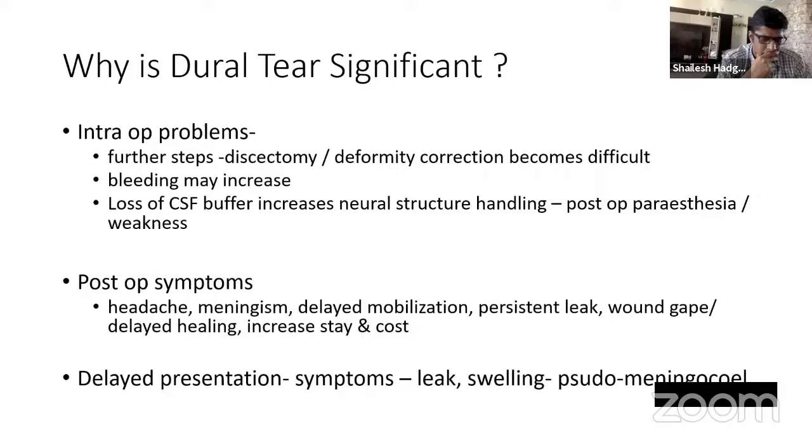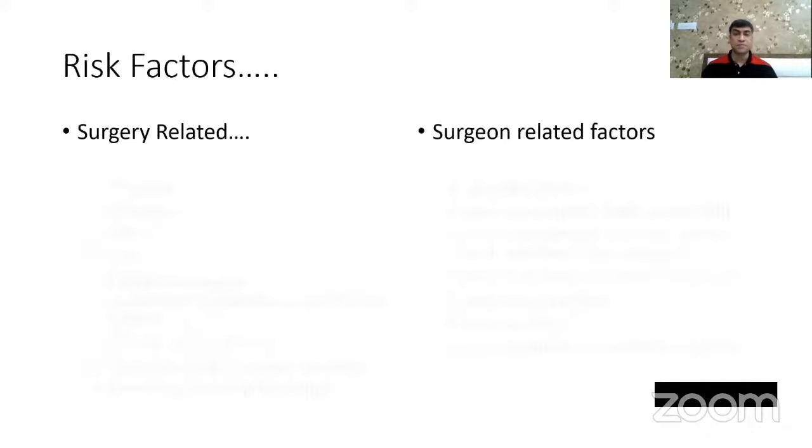There can be persistent leakage or wound gape, which increases the stay and the expenditure of the patient. There can be patients who present to us late with symptoms like leakage from the wound or pseudomeningocele, that is a swelling which is usually seen at this area.